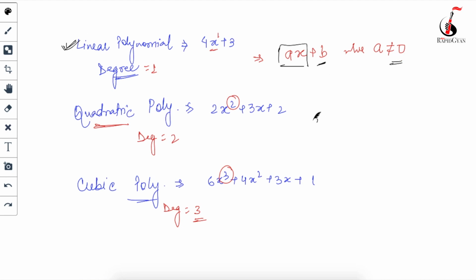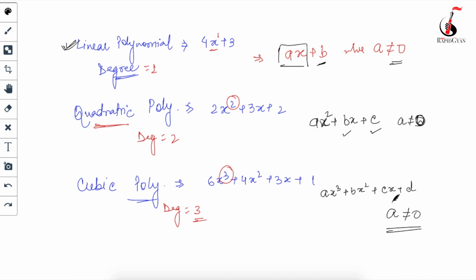Similarly, a quadratic polynomial can be written as ax square plus bx plus c. Here also a cannot be equal to 0; b can be 0, c can be 0, but a cannot be 0. Similarly, a cubic polynomial is ax cube plus bx square plus cx plus d, and here also a cannot be equal to 0. These are the things you have studied in your previous class.